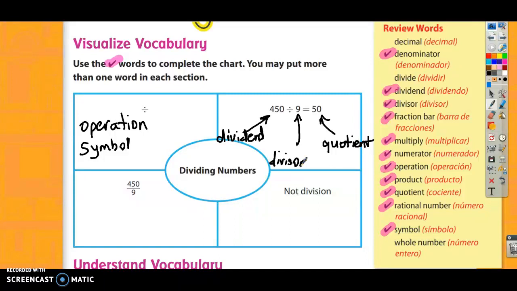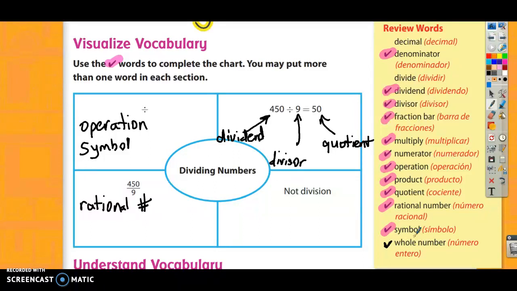Alright, 450 over 9. What's the best way to describe that? Well, one way to describe that's a rational number. Anything that can be written as a fraction is a rational number. It's also a whole number, but I'm not going to write that because it's not checked. If it were checked right here, I'd write whole number because 450 divided by 9 is a whole number. But I'm not going to put that because it's not following directions.